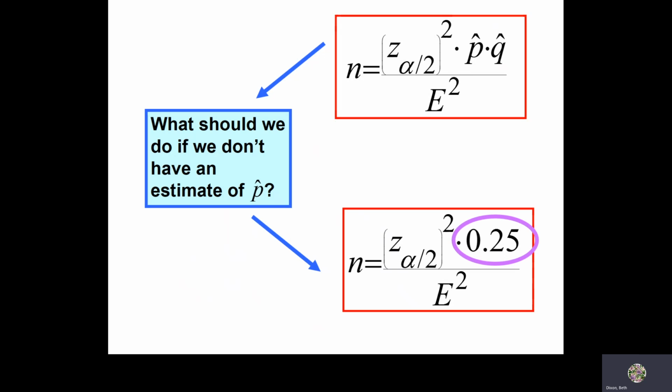And that's the difference between the two formulas. If we have p hat and q hat, we use a good estimate for p hat and q hat. If we do not, we put in 0.25, because that will give us the largest estimate for n.